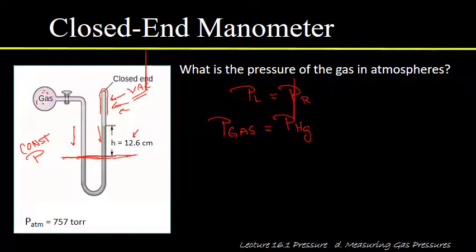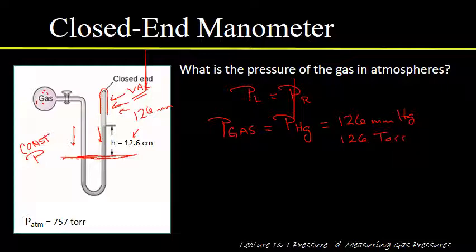And again, if there are 10 millimeters in a centimeter, then this height, 12.6 centimeters, is 126 millimeters. So that means that the pressure of the gas is 126 millimeters of mercury, or 126 torr.